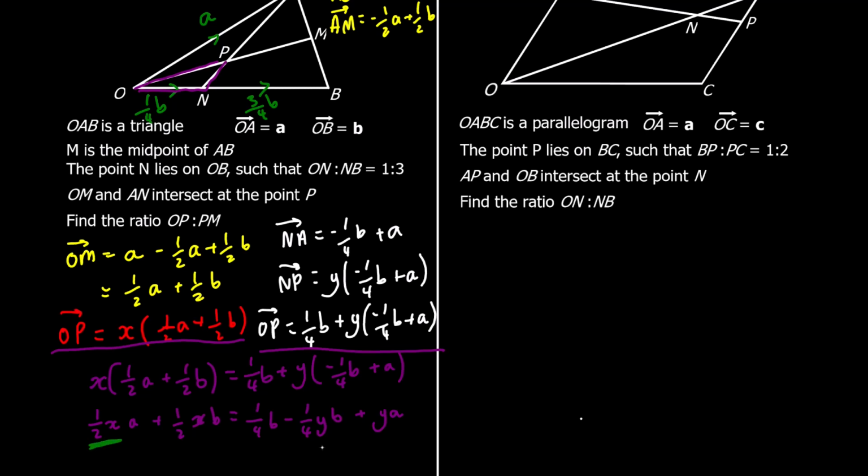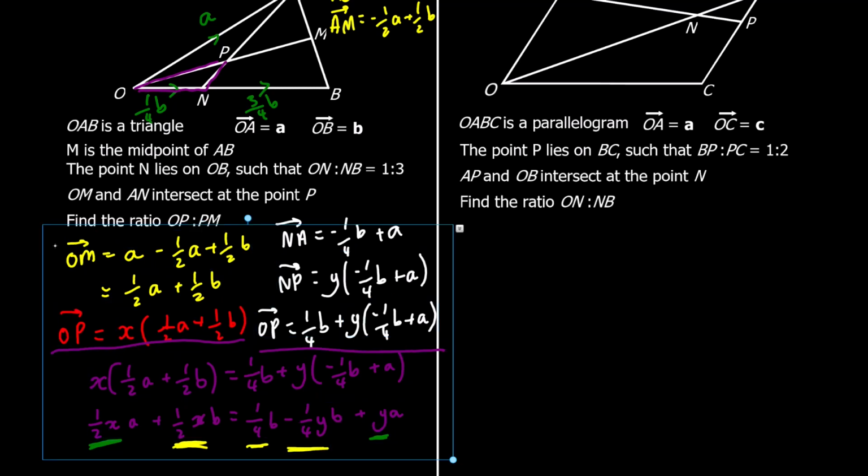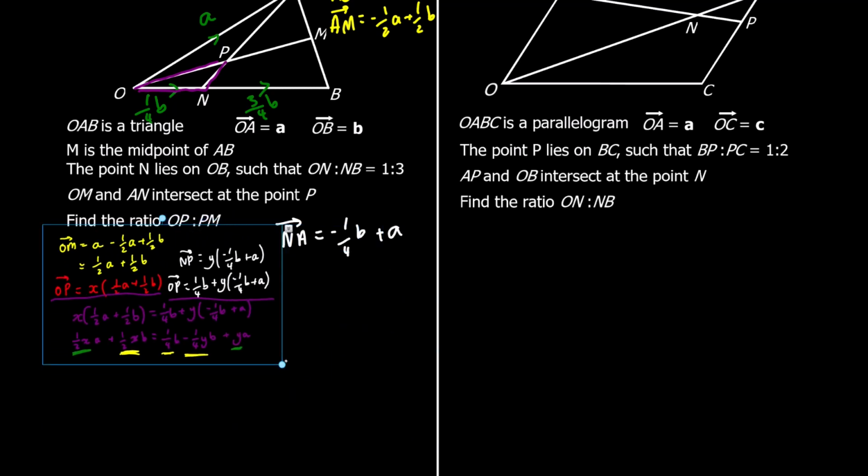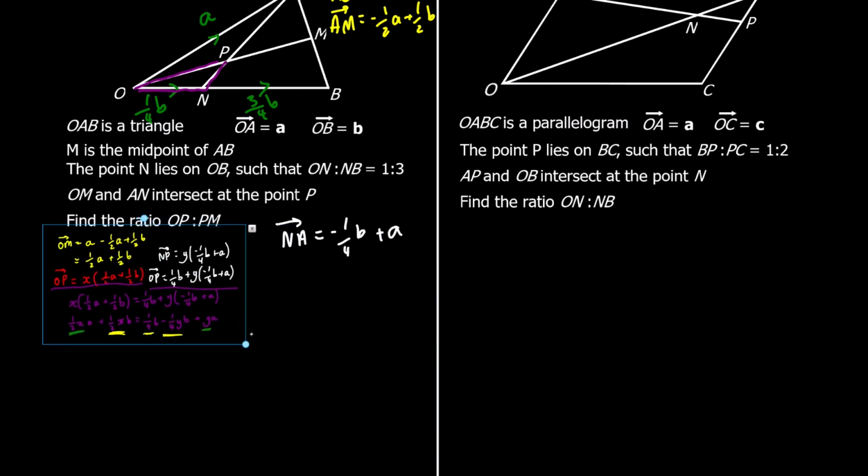I can make the A's equal the A's and the B's equal the B's. So for the A's, I have half X equals Y. And for the B's, I have half X equals 1/4 minus a quarter y.